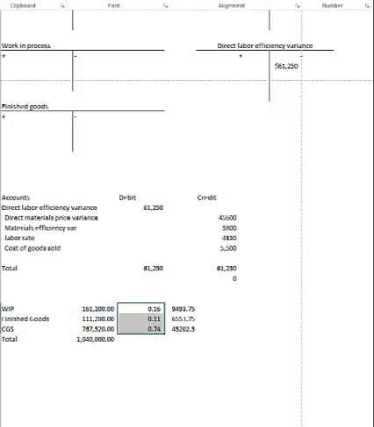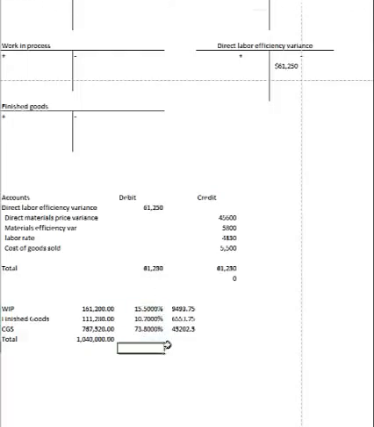I could go ahead and format this a little differently so we get more detail. You would then say, okay, of this $5,500, I give 15.5% to WIP, 10.7% to finished goods, and 73.8% to cost of goods sold.